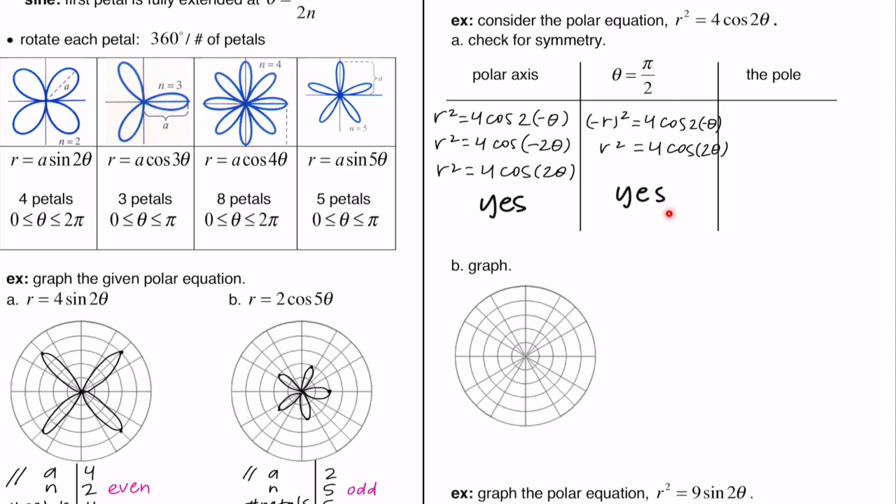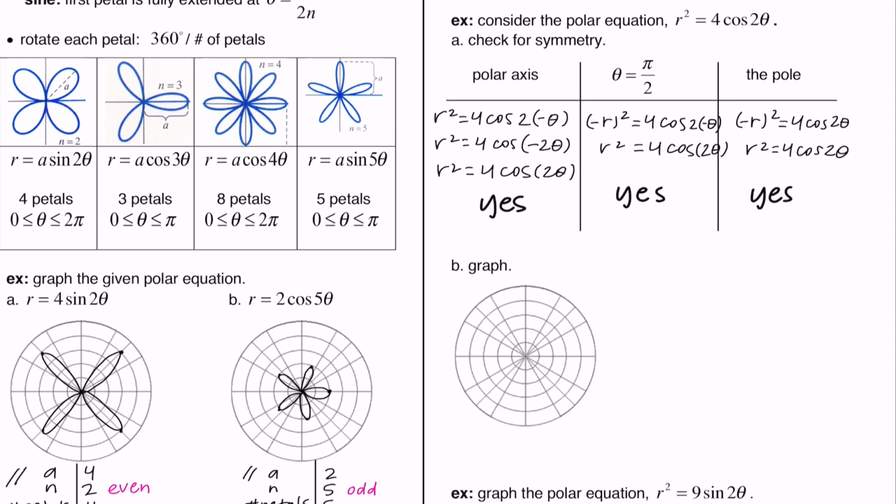All right, and then I'm going to move on to the pole. So we're going to replace r with negative r. And again, we just talked about doing this. Negative r times negative r is r squared. And again, you get the same equation as the original, so this graph does have symmetry about the pole or the origin. All right, so we have symmetry about all three.